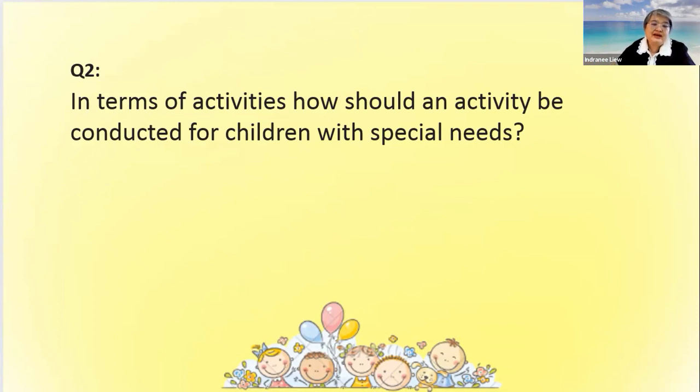And you will have to modify. Other children have to do 10 items in their task box. This child, maybe it's 5 items. For children with special needs, each of them should have one sheet, and you note what activities the child did that day.